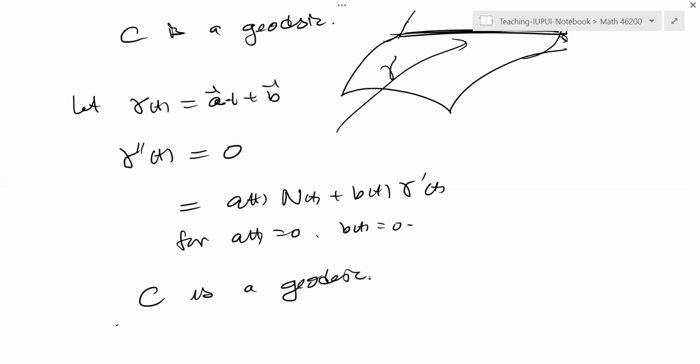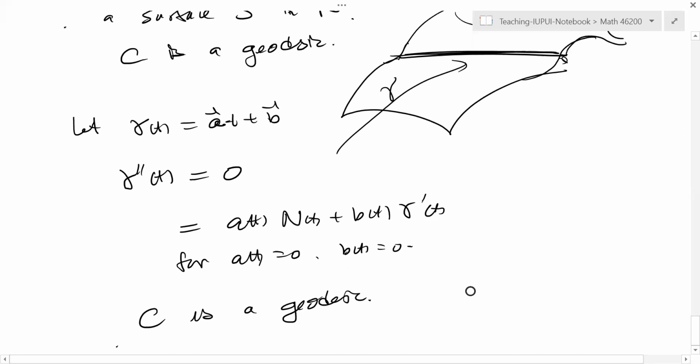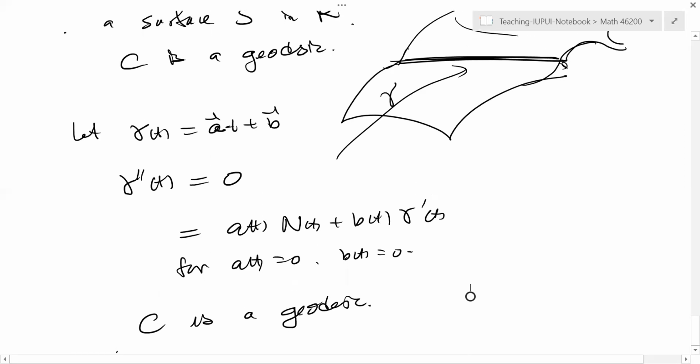That means there is a parameterization such that the geodesic curvature is zero. The geodesic curvature is independent of parameterization, honestly, but you can describe it using a parameterization. Either the normal curvature or the geodesic curvature, they are independent of parameterization, as long as for some parameterization it can be expressed in this form.